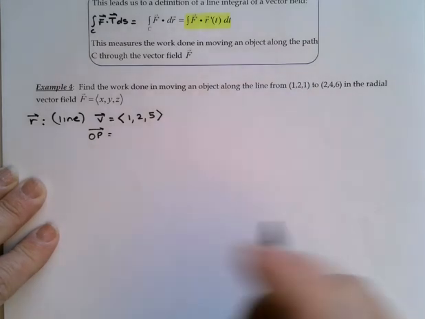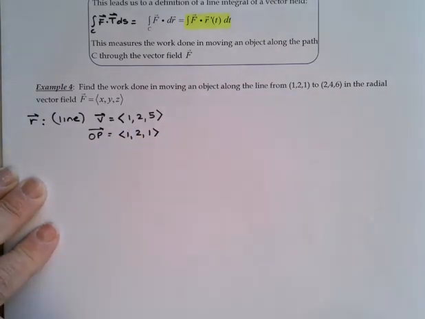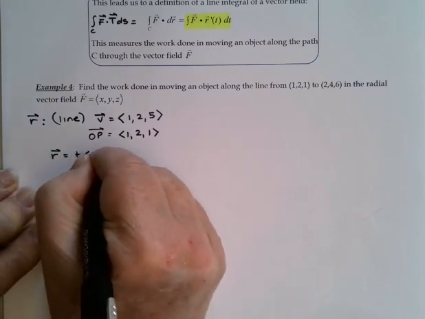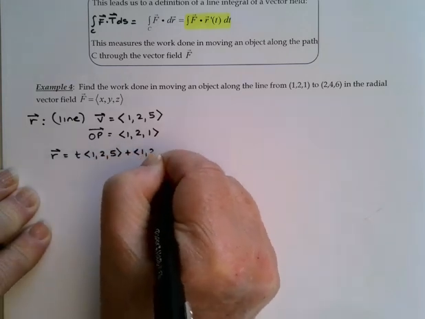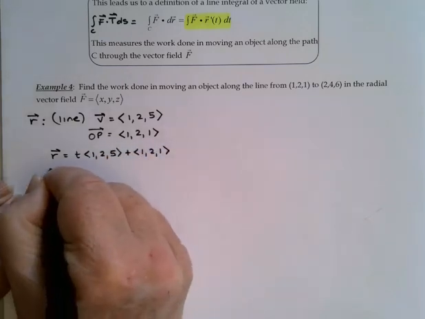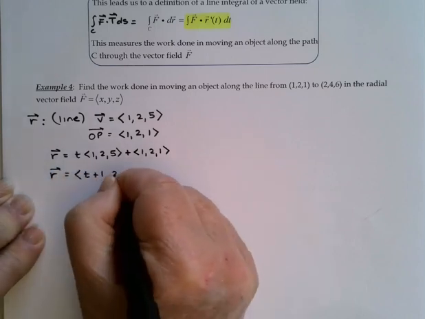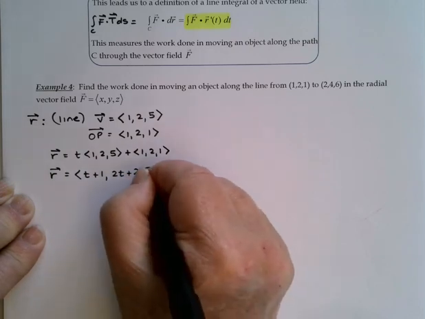I'll just use the first one, 1, 2, 1. And therefore r is going to be t times that direction vector added to the point vector. So I have t plus 1, 2t plus 2, and 5t plus 1.